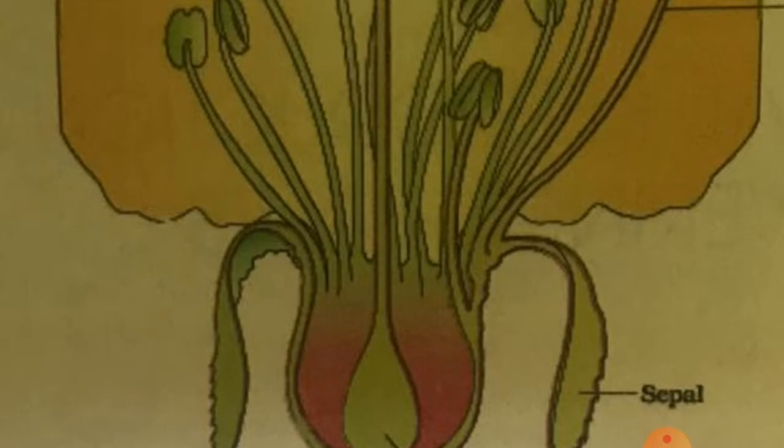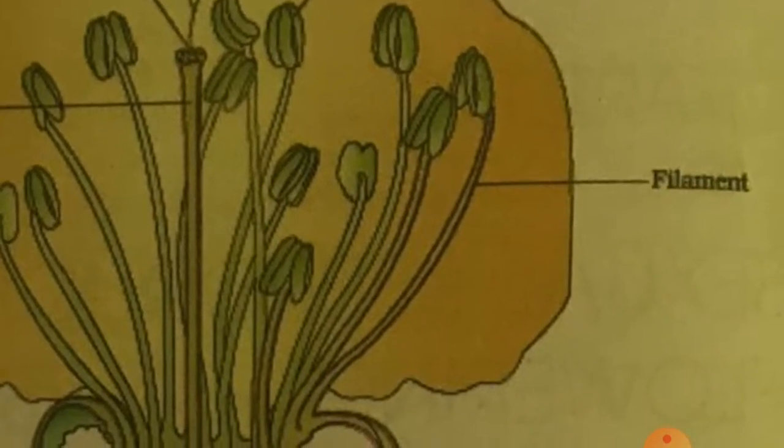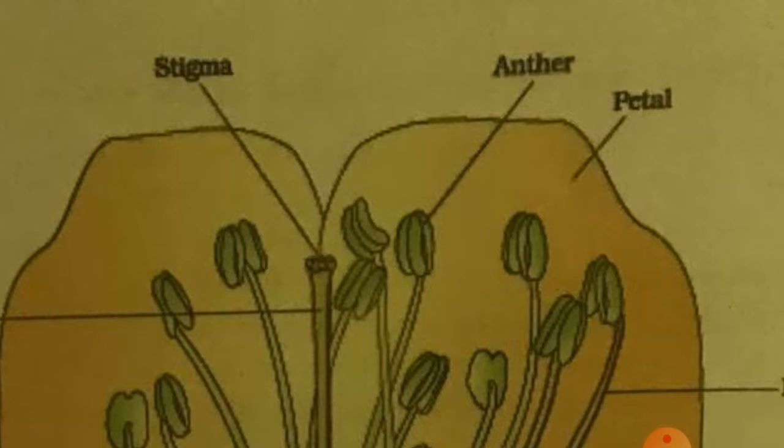When the flower opens, the next whorl, which is very beautiful and most of the time colored in different colors, is known as the corolla. A petal is a single segment of the corolla.